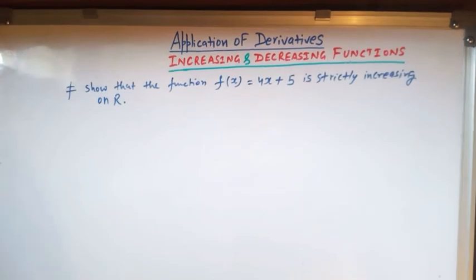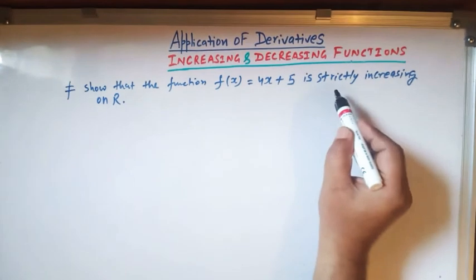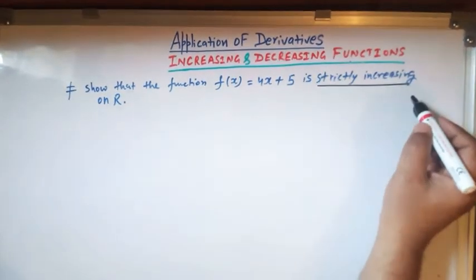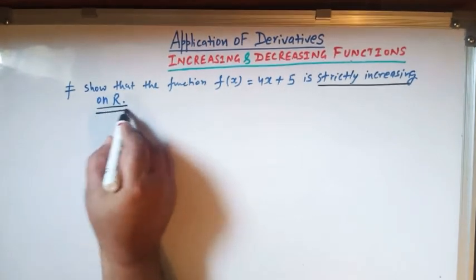Now viewers, we have discussed all the concepts related to increasing and decreasing functions, and now we are in a position to solve some elementary problems or conceptual problems. The first one is: show that the function f(x) equal to 4x plus 5 is a strictly increasing function on the set of real numbers.